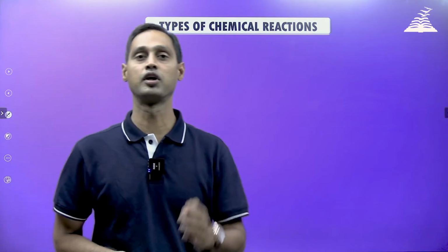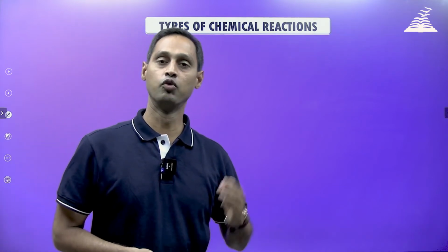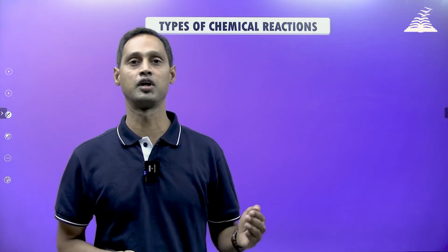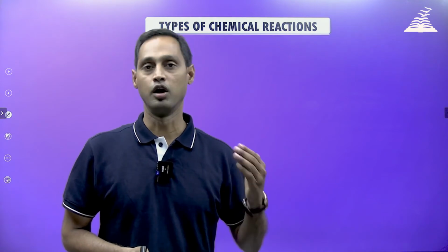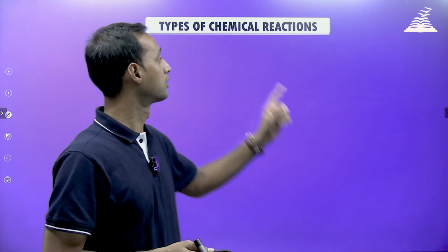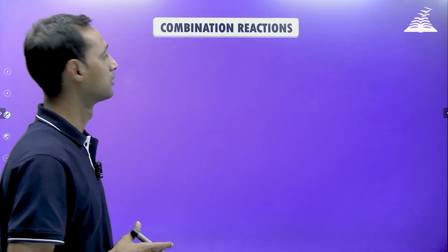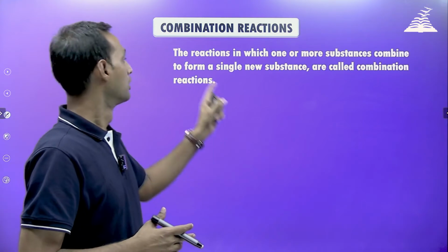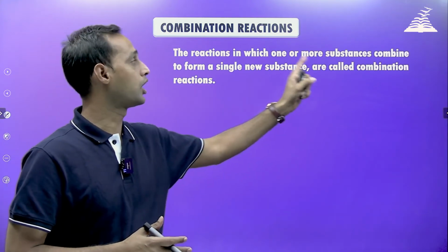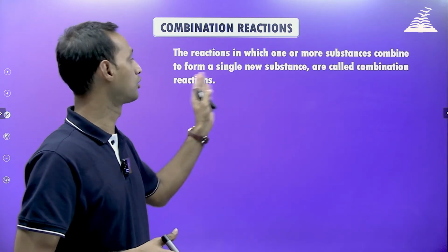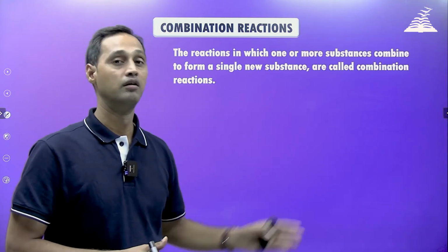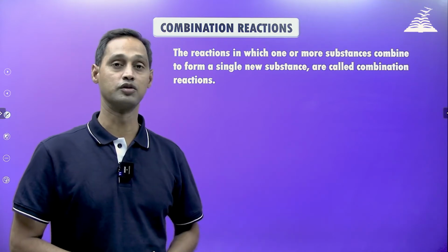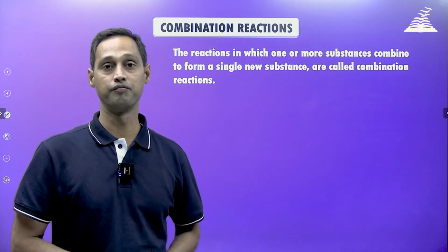We know what is a chemical reaction, and we have learnt what is a chemical equation and how to balance a chemical equation. Right? Now, we are looking at types of chemical reactions, starting with combination reactions. So, what is a combination reaction? Reactions in which one or more substances combine to form a single new substance are called combination reactions.